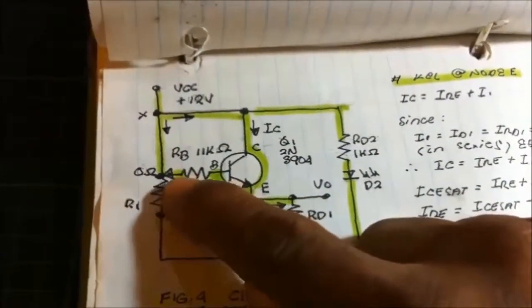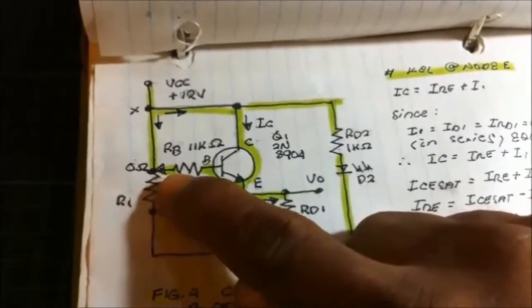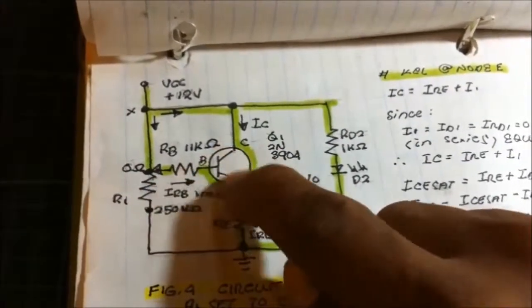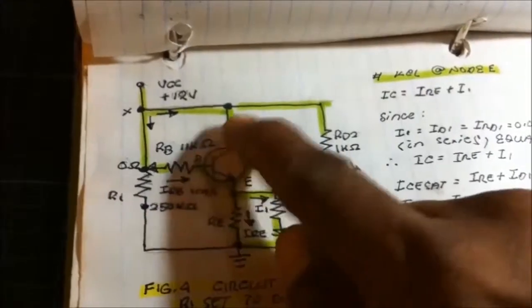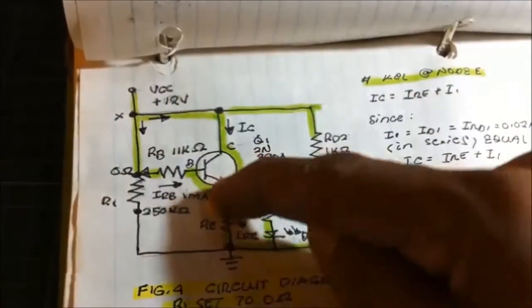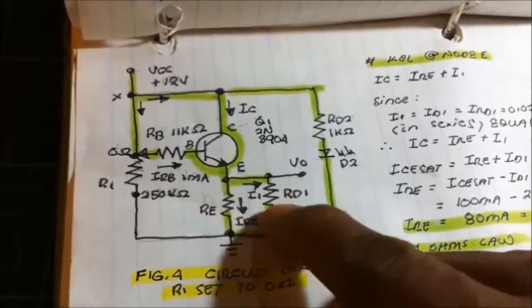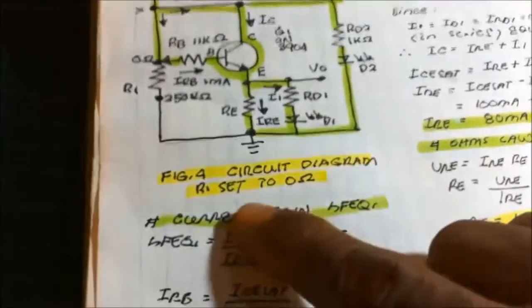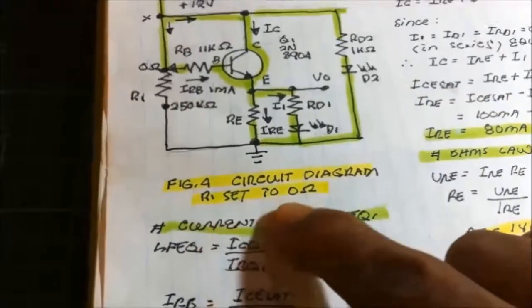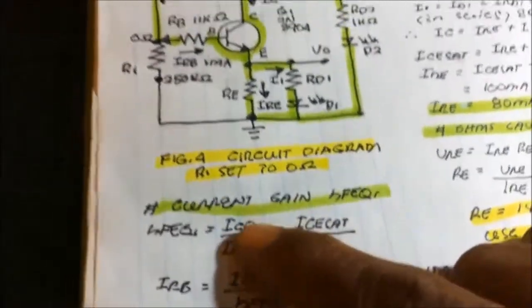Still, we're setting the potentiometer to 0 ohms. That's why this transistor is conducting and it's supplying current to the load. Circuit diagram, R1 set to 0 ohms.